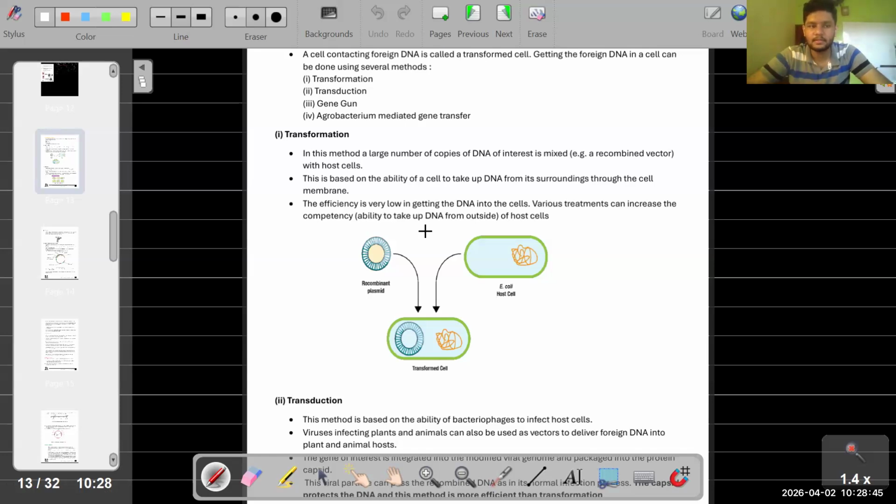I want that word. If you can understand that word, you can understand further. Normally vectors are used to transfer the DNA into a host cell, right? So, bacteriophage is a vector. So, bacteriophages will be transferring the DNA into a host cell through a mechanism. What is that mechanism called?